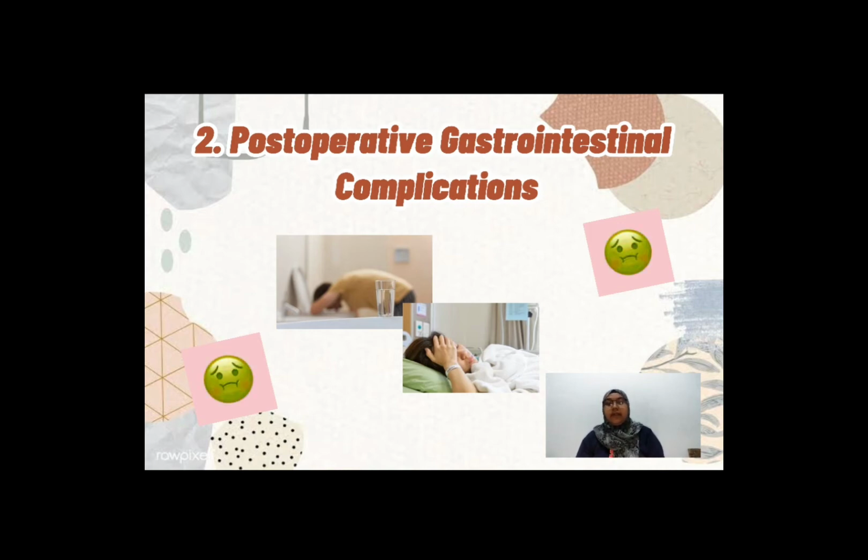It is defined as the presence of nausea, vomiting, or retching that occurs in the post-anesthesia care unit to within 24 hours post-operatively. The incidence of PONV ranges from 30% up to 80% and has been shown to be more dreaded by patients than post-operative pain.